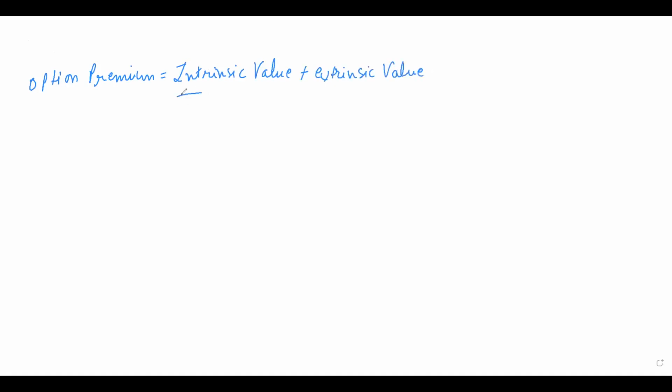Intrinsic value has a straightforward formula, whereas extrinsic value depends on a lot of things. Extrinsic value sometimes is also known as time value, but it's not strictly speaking only time value. For the sake of simplicity, many people call extrinsic value the time value of that option. Now we'll go to the formula next.